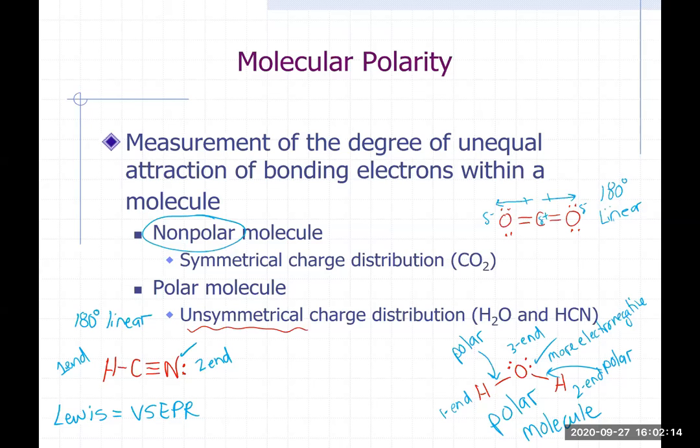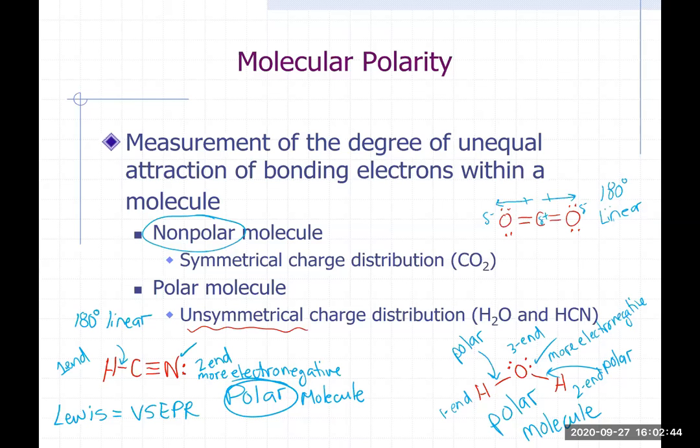The nitrogen is more electronegative than the hydrogen. That means that the molecule is polar. And I'm just going to say polar molecule because now we're going to look at the bonds.